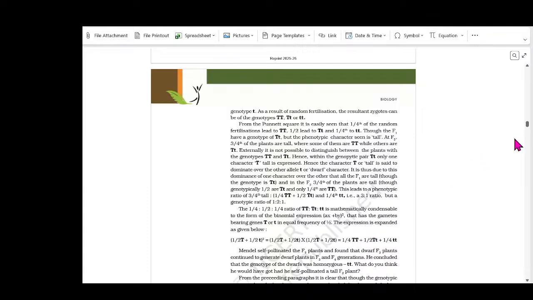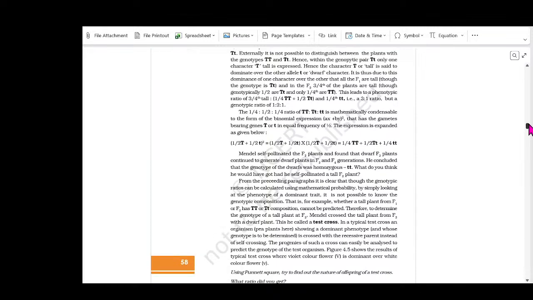The expression can be expanded in this form, and this should definitely be seen from NCERT. Mendel self-pollinated the F2 plants and found that the dwarf F2 plants continued to generate dwarf plants in F3 and F4 generations as well. He concluded that the genotype of the dwarfs was homozygous small t small t.